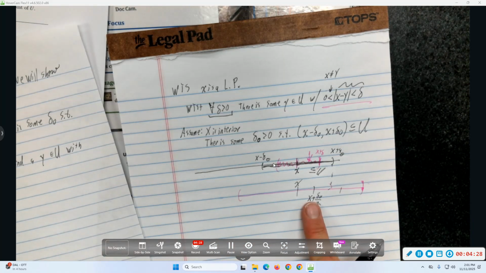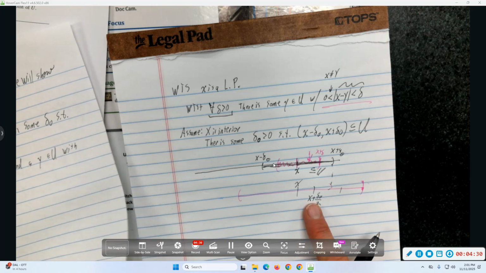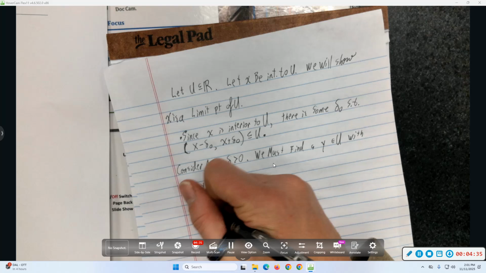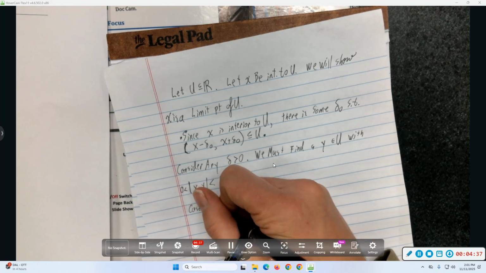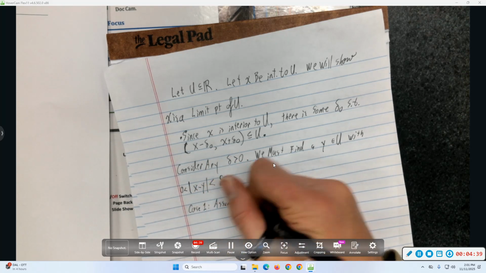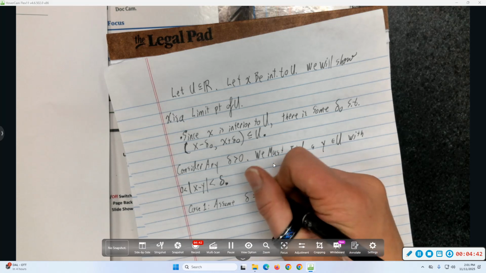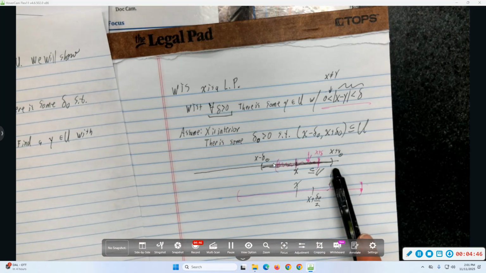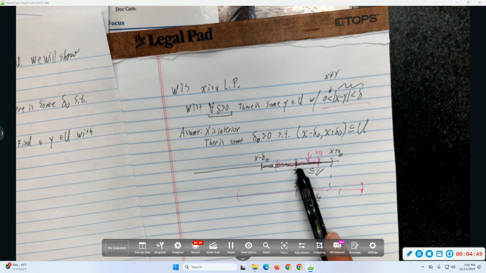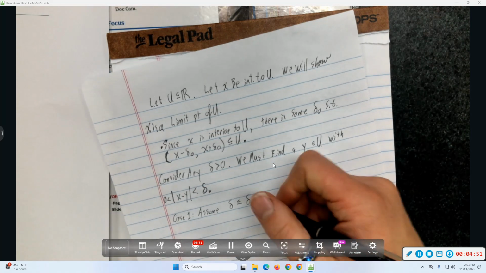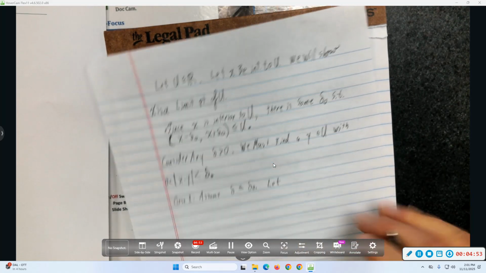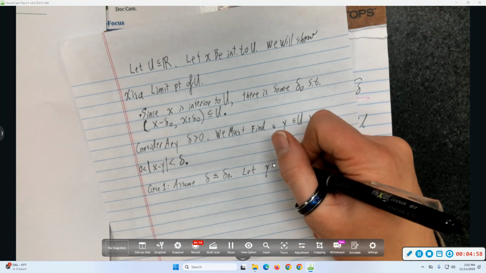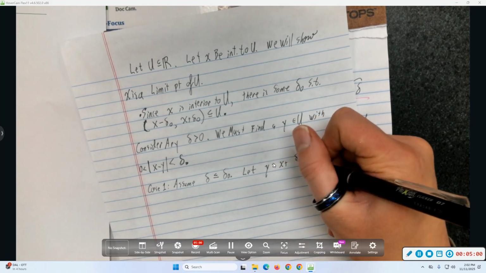And based on what happened over here, I think we want to use cases. Case 1: let's assume delta is less than or equal to delta 0. In that case, let's see, we took the midpoint between x plus delta and x. So let y be, gosh, x plus half of delta.